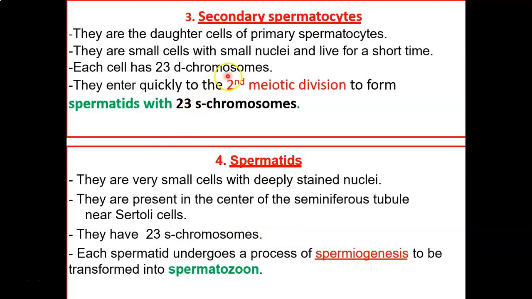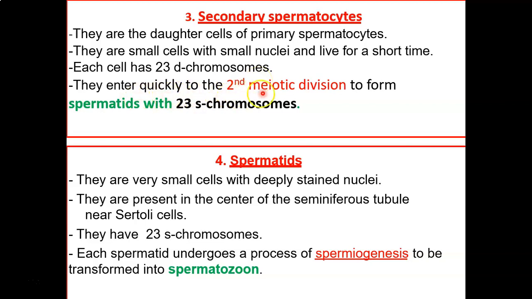You will rarely see secondary spermatocytes because these cells divide by second meiotic division shortly after they are formed. So you will rarely see them in sections of the testes.